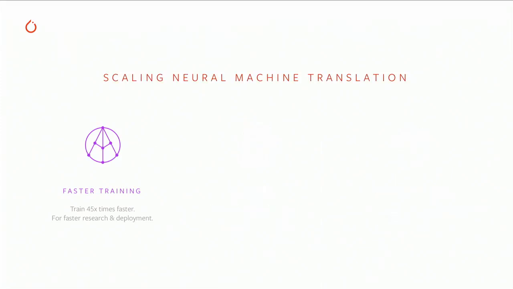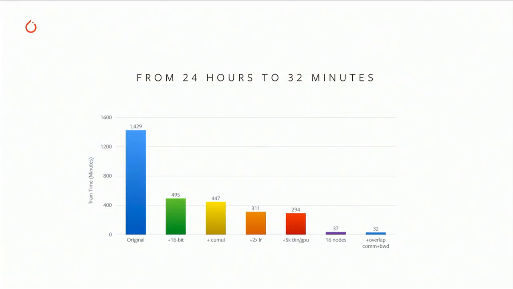So in terms of scaling, we started off with an NMT system that usually trains in about 24 hours on 8 Volta GPUs, which is already very fast. And then we introduced a couple of things. First, we went to half-precision training, which gave a really nice performance improvement of about a factor of 3x. Then we played around with larger batching.